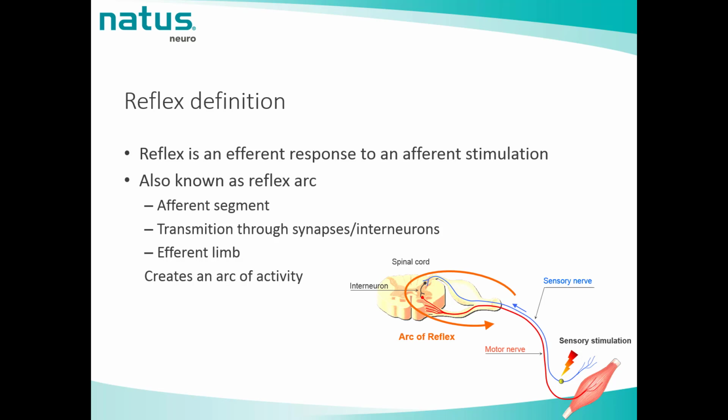If you look at the picture on the right side, you can see, for example, a sensory stimulation that will go up to the spinal cord and through an interneuron transmission will elicit a response from an alpha motor neuron going back to a muscle. This creates a design that looks like an arc, which is why we call it an arc of reflex.